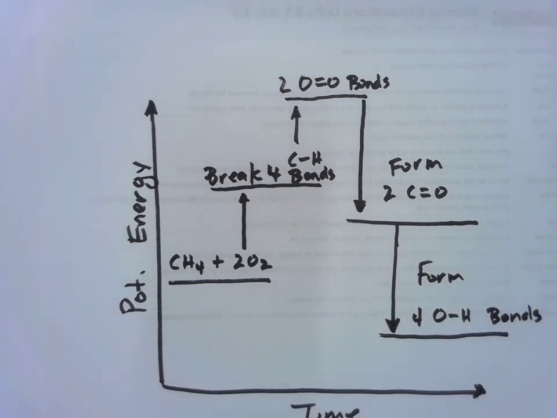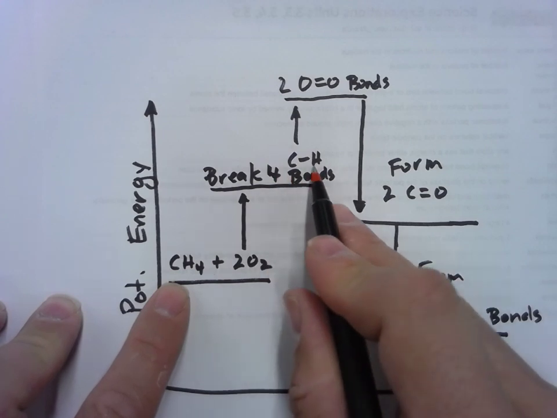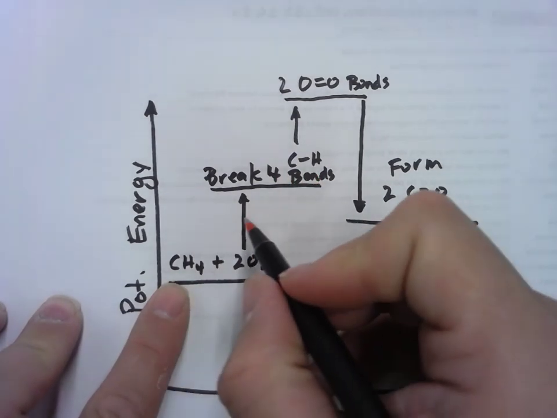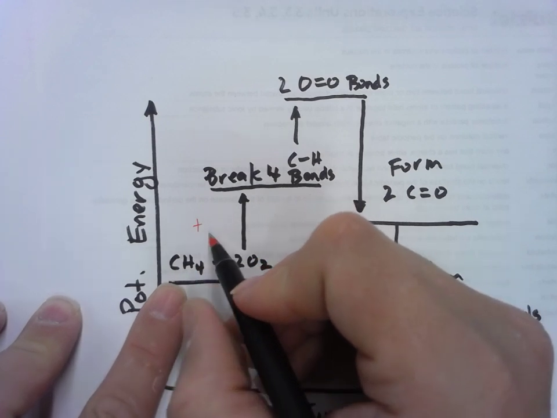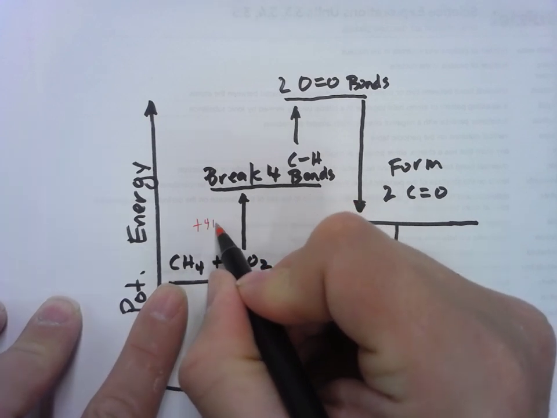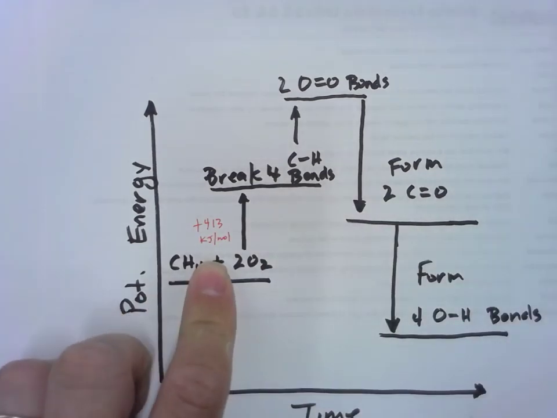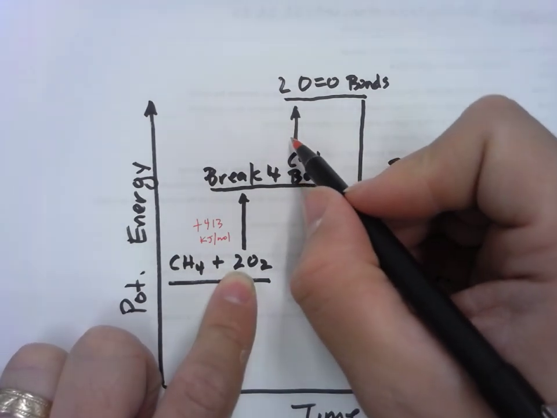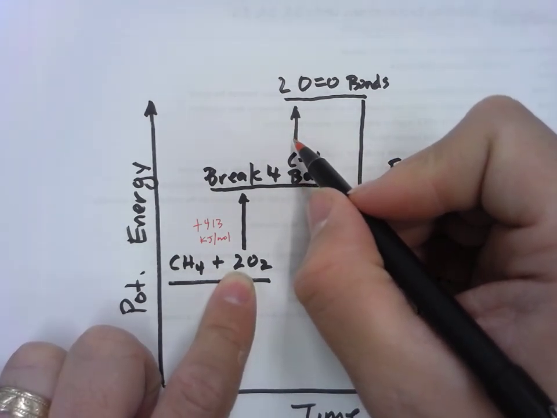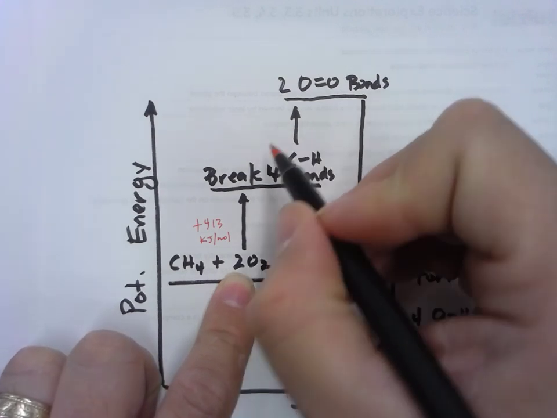Okay, I'm going to write in these values now, just so I know I said them verbally. To break 4 CH bonds, we had to add in 413 kJ per mole. That's indicated by this arrow. That's times 4, right?